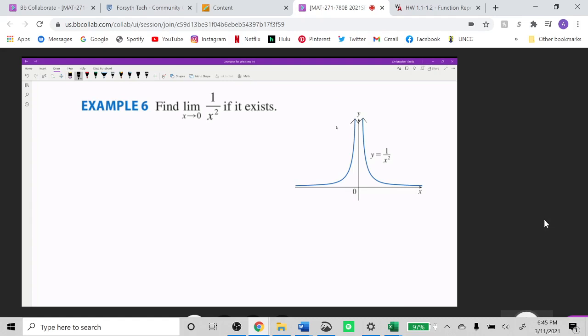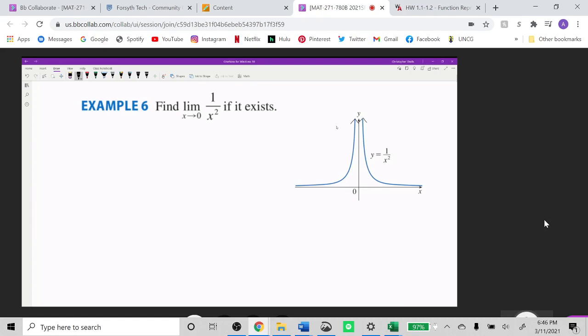All we're saying here is, maybe this is a better way: 1 over x squared can be made as large as we like by taking x close to 0, or close enough to 0. Does that make sense?